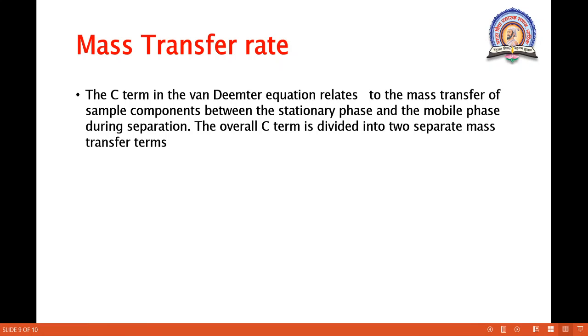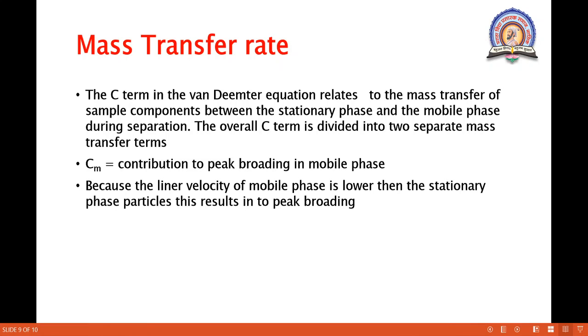The overall C term is divided into two separate mass transfer terms. Cm is nothing but the contribution to peak broadening in the mobile phase. Because the linear velocity of the mobile phase is lower than the stationary phase particles, this results in peak broadening. This part we already discussed in the previous slide.